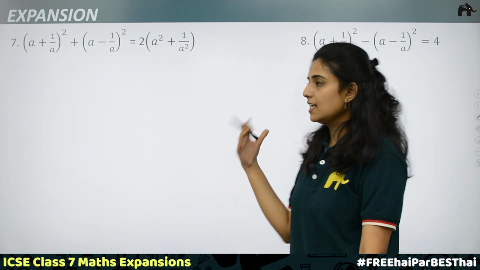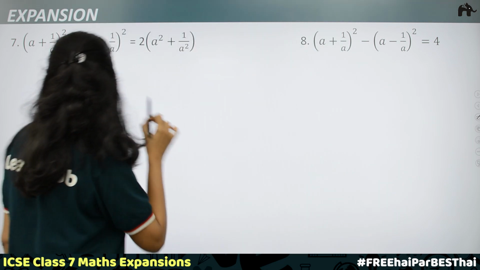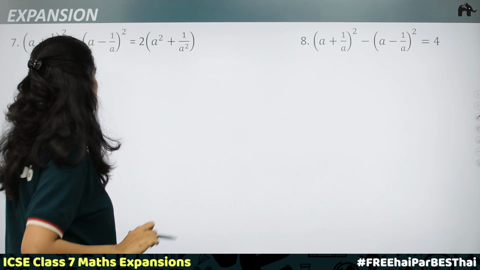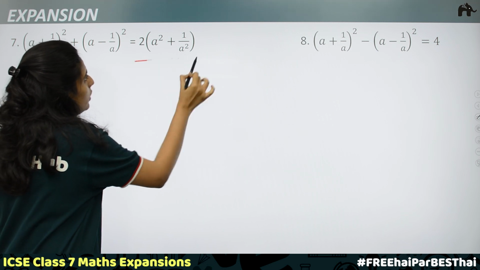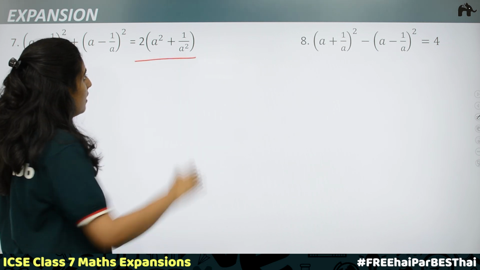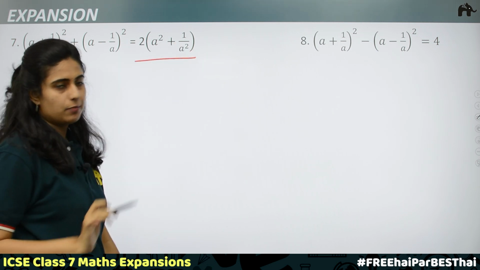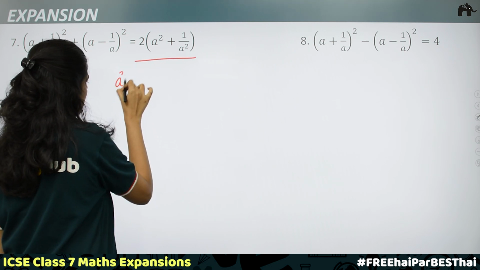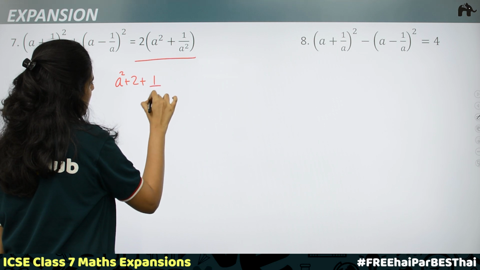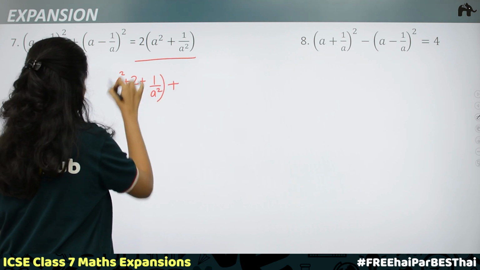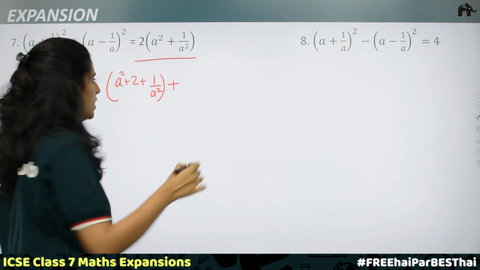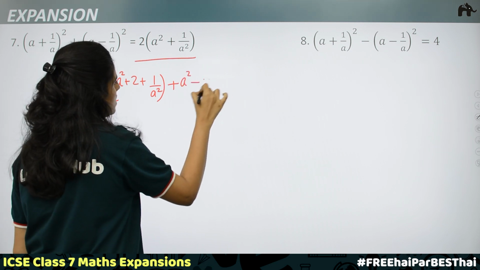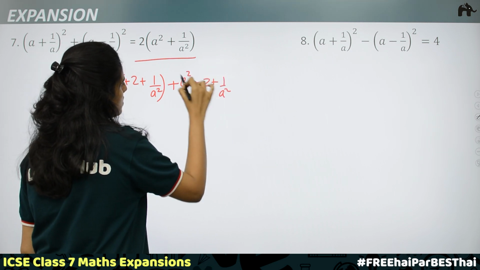So, seventh one, let's see how we get this. a plus 1 by a whole square plus a minus 1 by a whole square is equal to 2 into a square plus 1 by a square. Okay, here, what is a plus 1 by a whole square? It is a square plus 2 plus 1 by a square, plus a minus 1 by a whole square is equal to a square minus 2 plus 1 by a square.